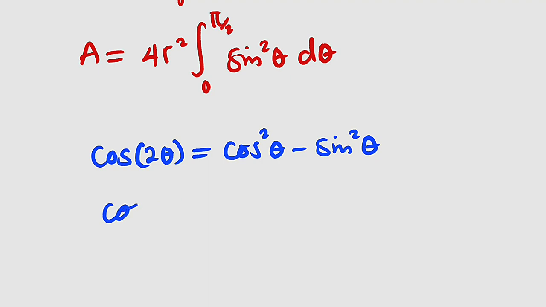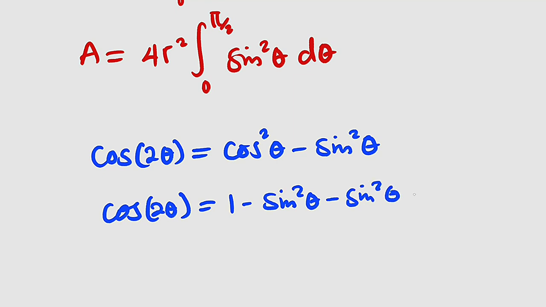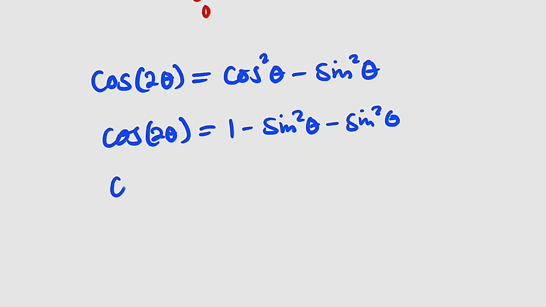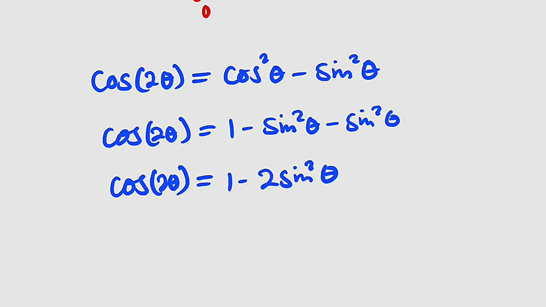Therefore, we can say that cos 2 theta is equal to 1 minus sine squared theta instead of cosine squared theta, and we have another minus sine squared theta. Minus sine squared theta minus sine squared theta is minus 2 sine squared theta. Therefore, cos 2 theta is equal to 1 minus 2 sine squared theta.